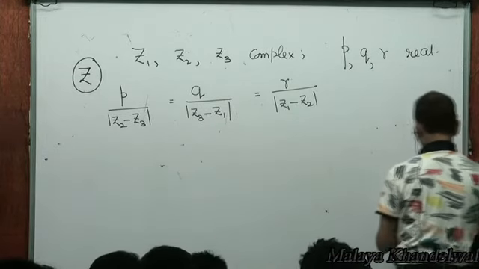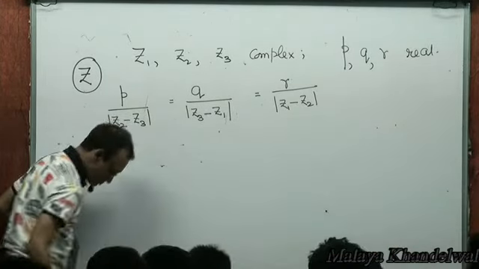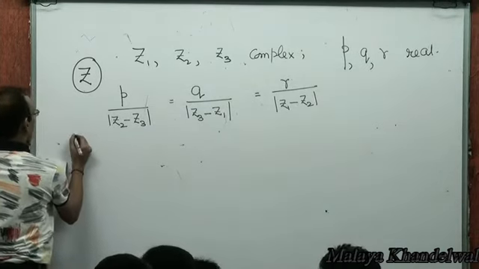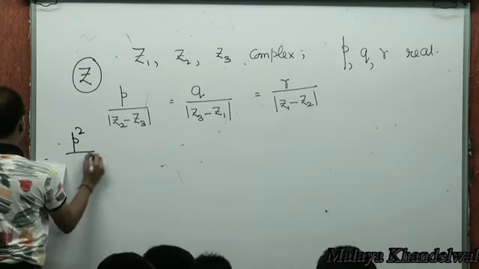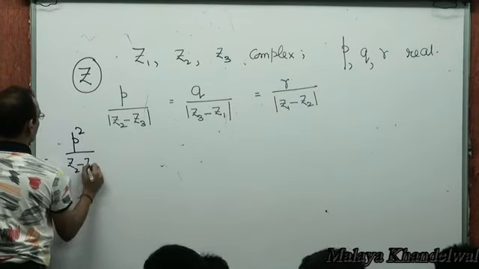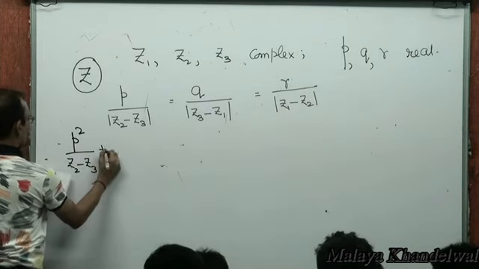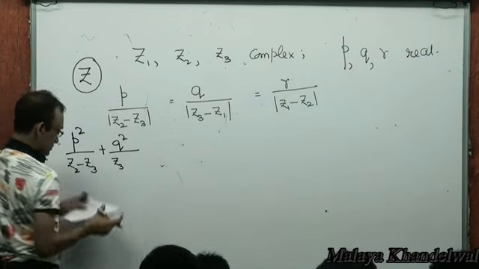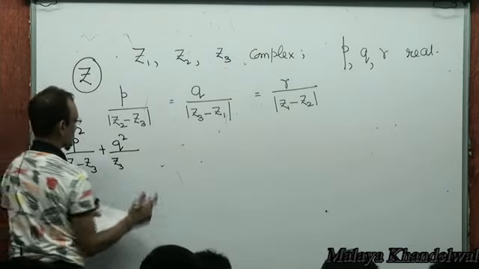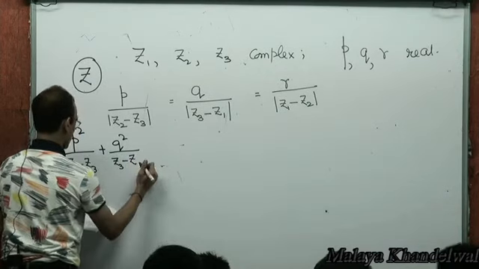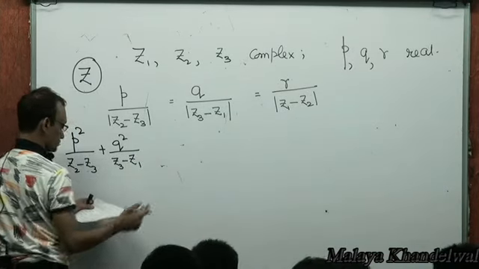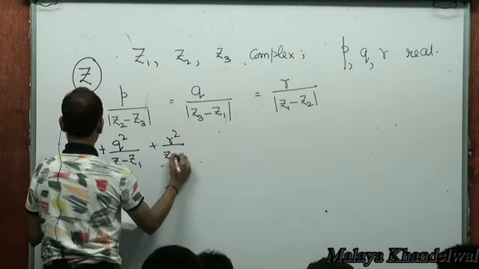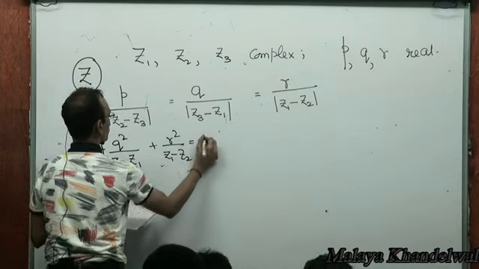We need to show that p squared by z2 minus z3 plus q squared by z3 minus z1, it must be z1. It's written, yeah, that's a mistake, I'm sure. Plus r squared by z1 minus z2 is 0. That's what we need to show.